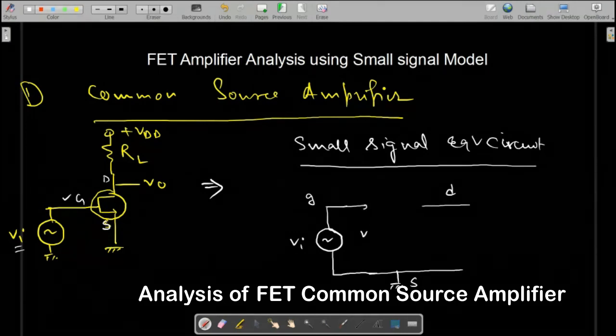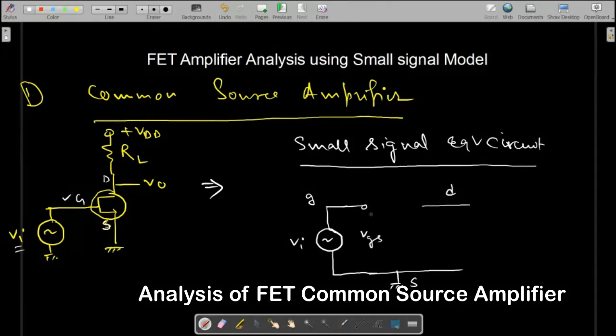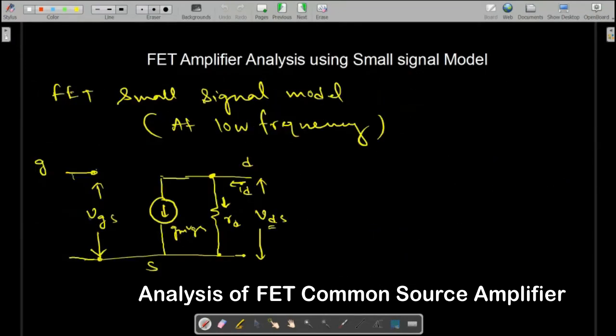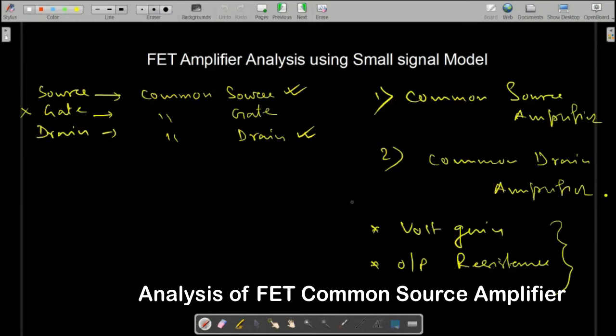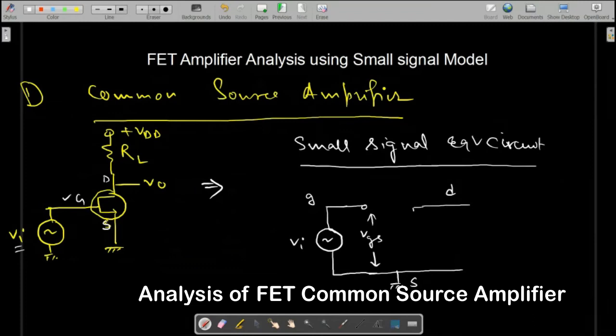The voltage between gate and source is VGS. Just check. VGS here. Okay. And on this side we have gm VGS and rd. Draw that. This is gm VGS. We have rd. And just check, this RL is connected between drain and VDD, which will be grounded during small signal analysis.